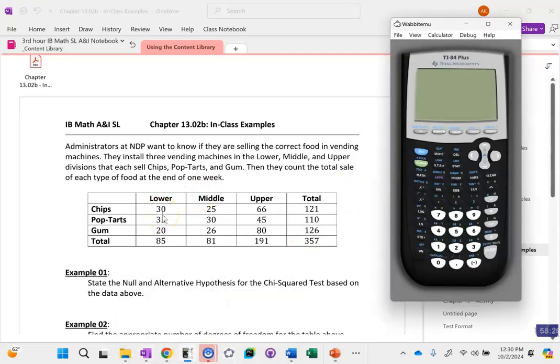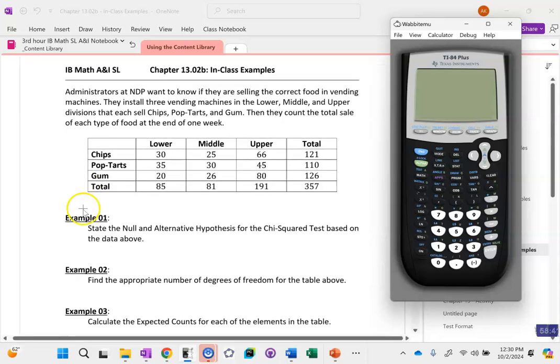Administrators at NDP want to know if they're selling the correct food in the vending machines. They install 3 vending machines in the lower, middle, and upper divisions that each sell chips, Pop-Tart, and gum. Then they count the total sales of each food type at the end of 1 week. Who can state the null and alternative hypotheses for this situation?